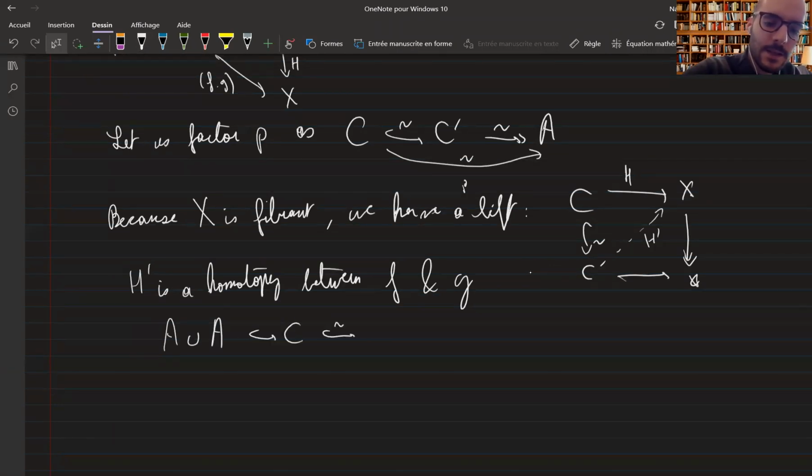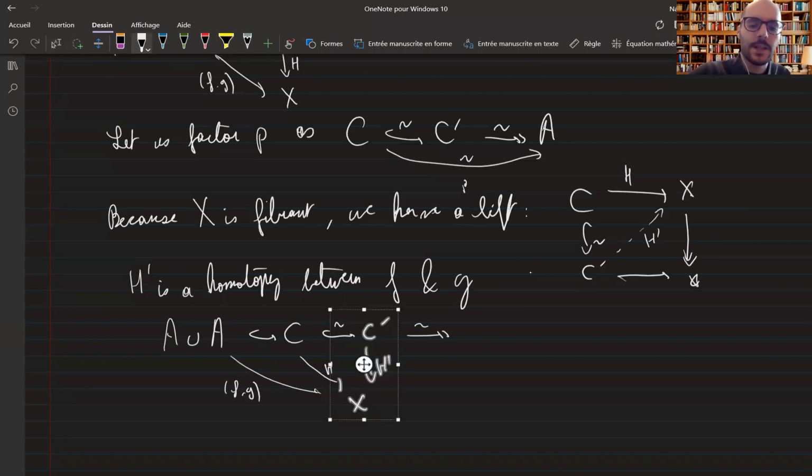C prime, H prime, H, F, G. All right. So this thing here is still a homotopy. But what we have gained is that this thing here is an acyclic cofibration.